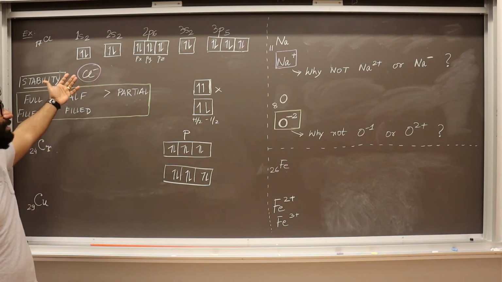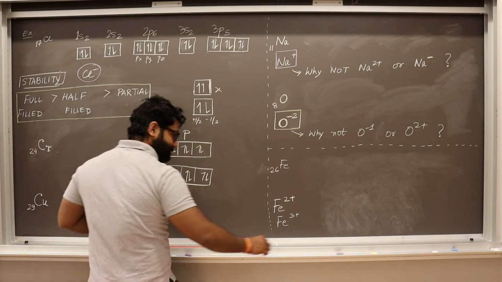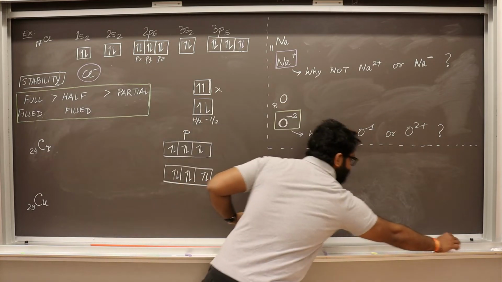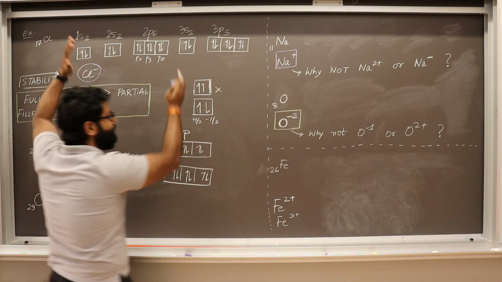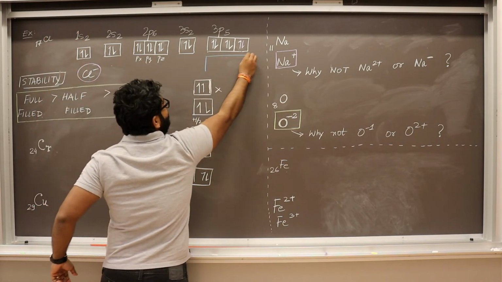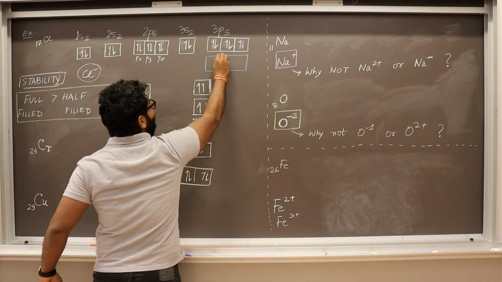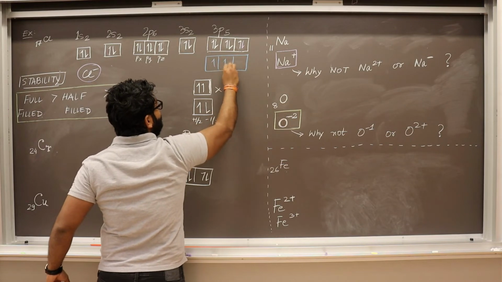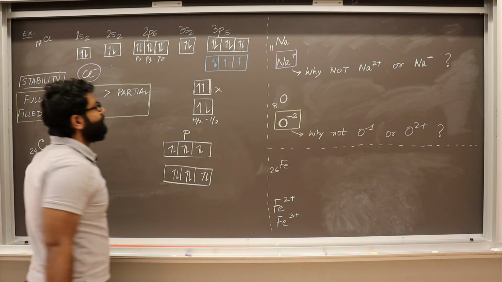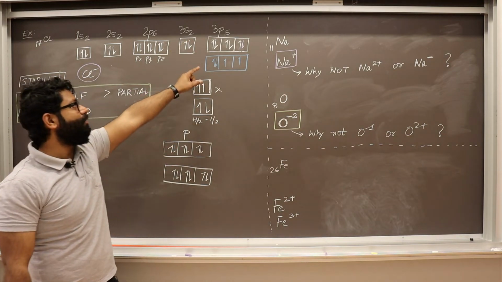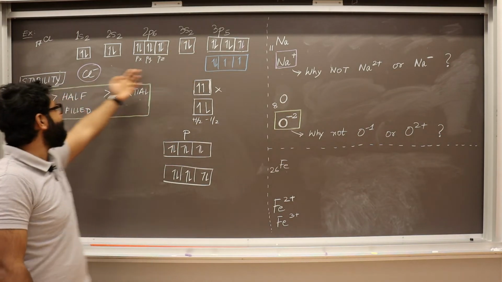If you have a Cl+, what would have happened? All this would have remained constant. It's the same. The last one would have gone to this. It had 3p5, now it has 3p4. Did it make it stable?